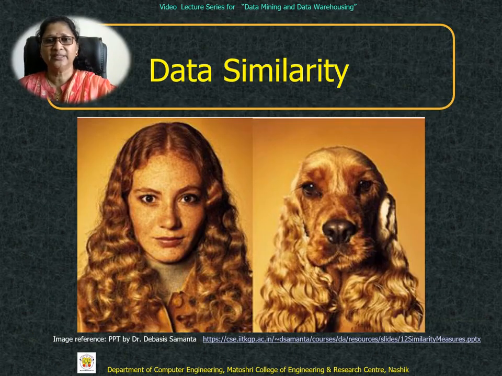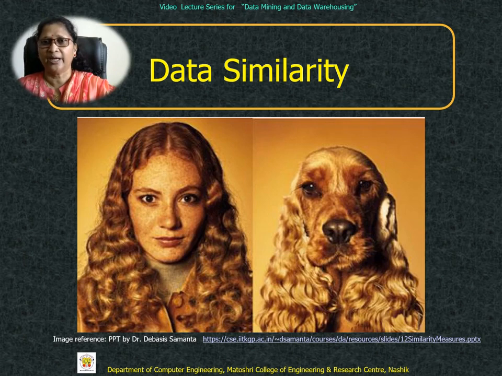After revising these terms, let's start learning about a new term: proximity, which refers to similarity and dissimilarity. Given that you can place your data in the space, you can measure how near one point is to another point in the space. The concept of nearness or farness in the space is known as proximity.